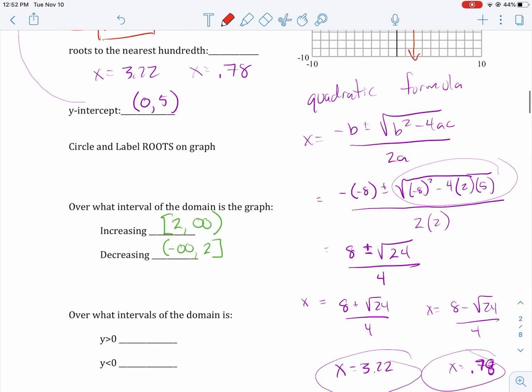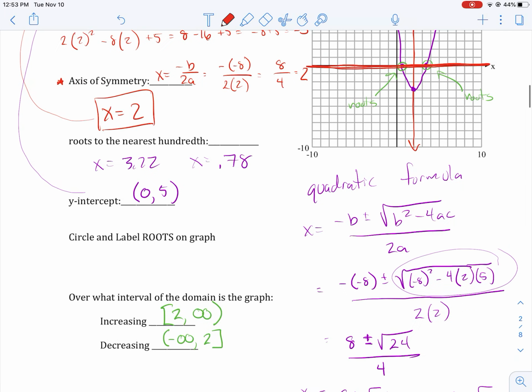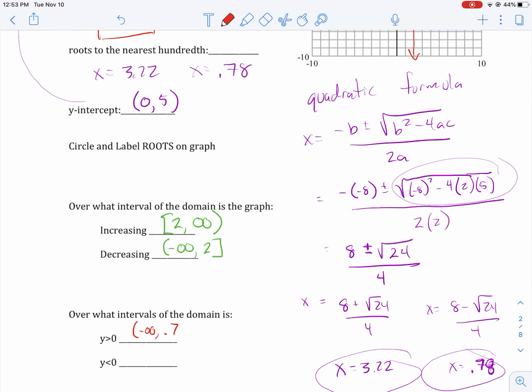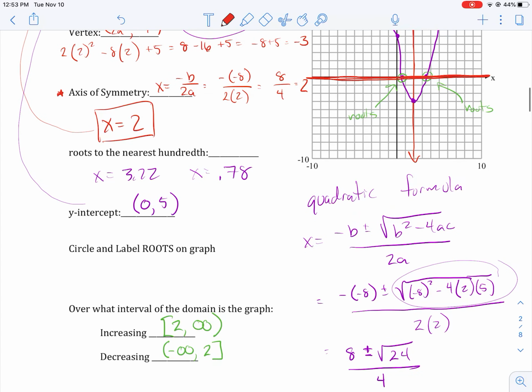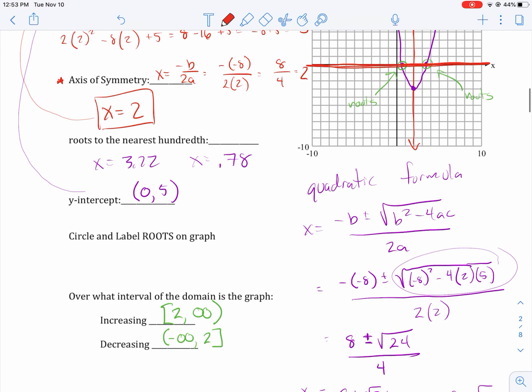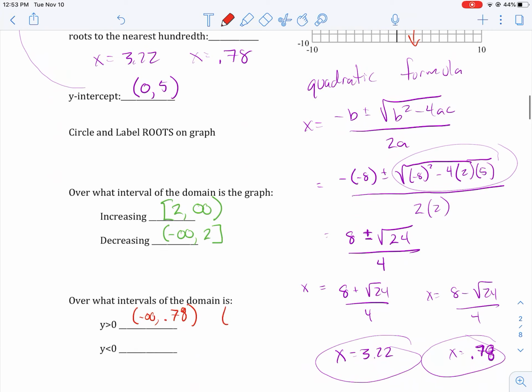Well, when x comes from negative infinity all the way up until it hits 0.78. And again, this is not y greater than or equal to, so we want to make sure we use parentheses instead of brackets. And then where is our graph above the x-axis again? Well, from 3.22 all the way to positive infinity.